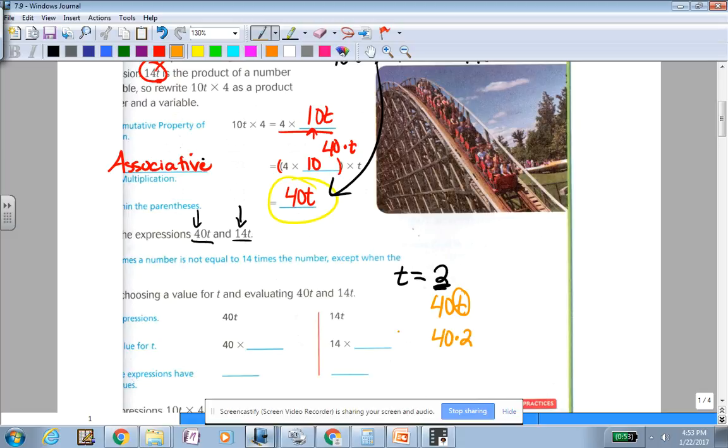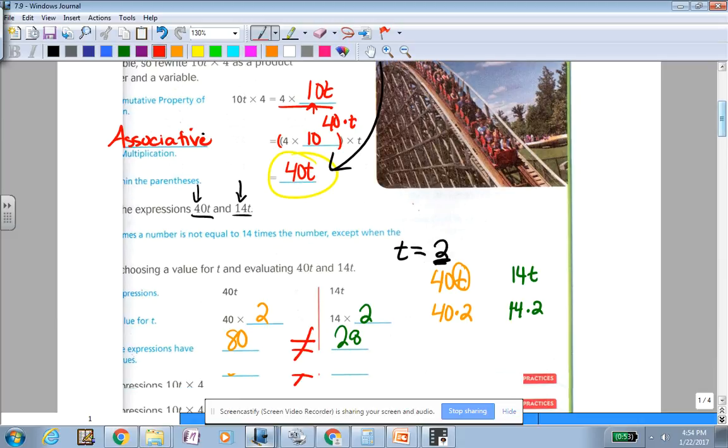So 40 times 2, and that's what we're showing over here. And 40 times 2 is 80. And then what about the 14t? Okay, 14t now becomes 14 times 2. 14 times 2 is 28. And clearly we can see that these two expressions are not equal.